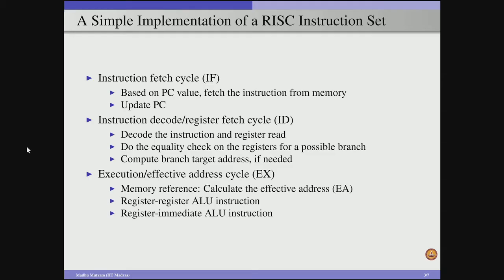And if it is a register-immediate ALU instruction, one operand is already available in the instruction itself and the other operand is available from the register file which is read in the previous stage, and we can perform the ALU operation. And to know what functional unit to be accessed, we already decoded the opcode type in the ID stage, and we use that and give a signal to an appropriate functional unit, and that particular functional unit is going to perform the ALU operations.